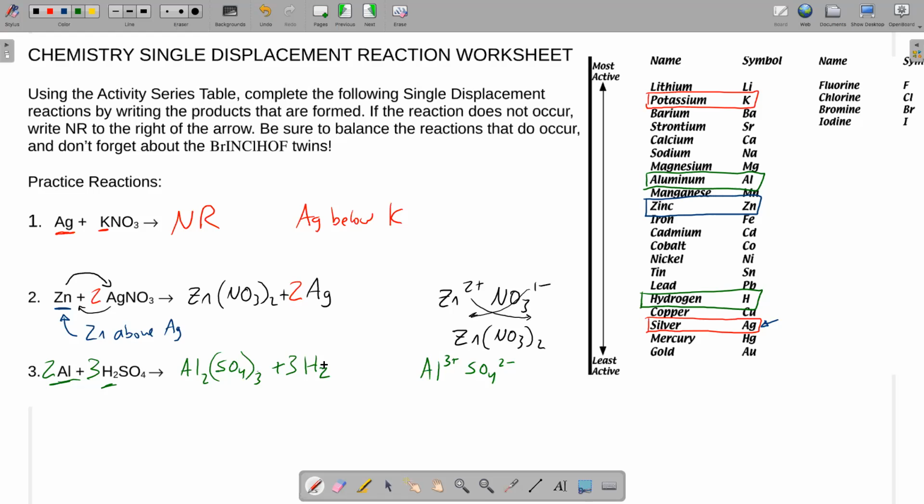So any metal above hydrogen on the activity series reacts, because all acids have hydrogen as the cation. If you put any of these metals up here on the activity series into an acid solution, you're going to get a chemical reaction. But if you put mercury, gold, silver, and copper into most acids, you get no reaction. It just chills like that.